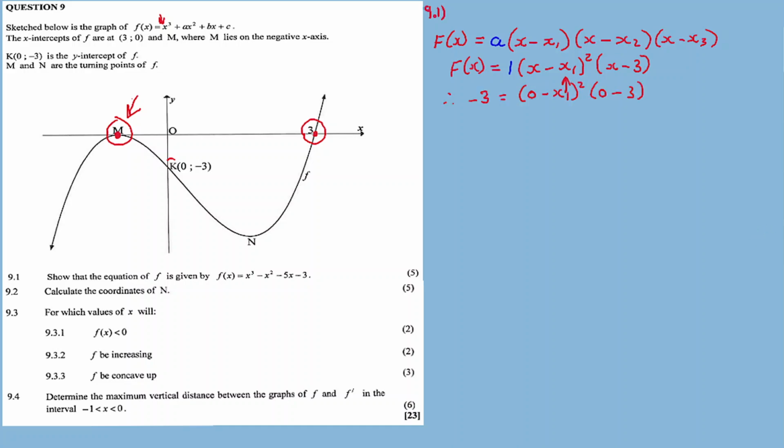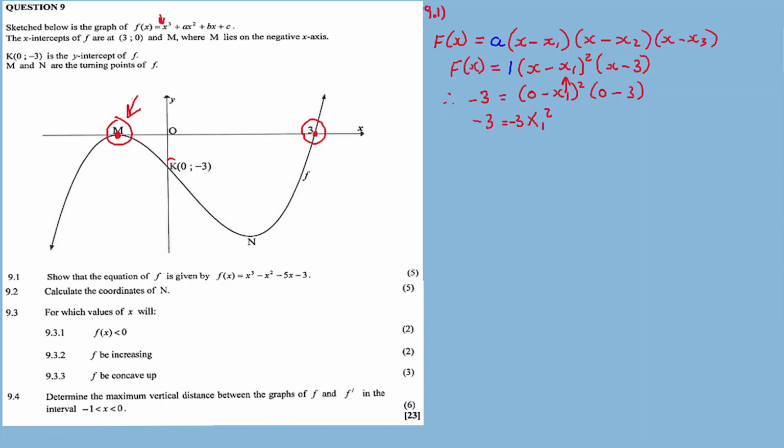So lana kuyoba negative 3, and then lagno x khona ufaka ubani 0. So it's going to be 0 minus x1, it's minus x1, minus x1 squared, it's positive x1. So kuzoba minus 3 equal to negative 3 x1 squared. Negative 3 lona uvela from this negative 3.